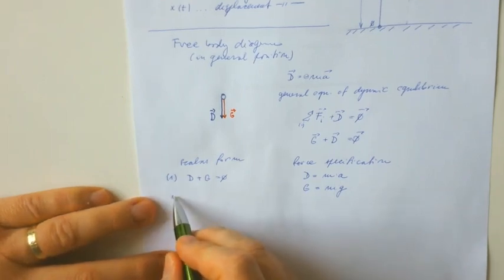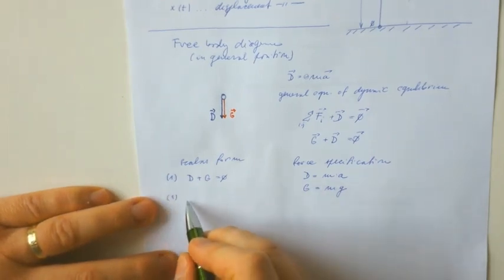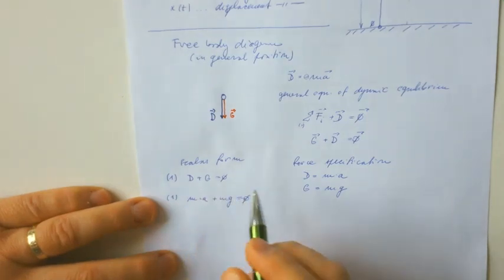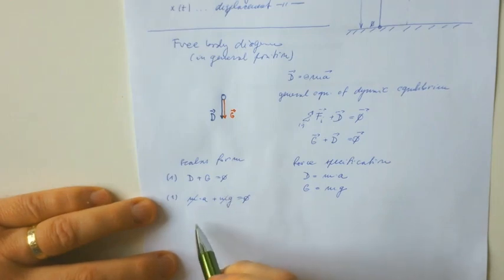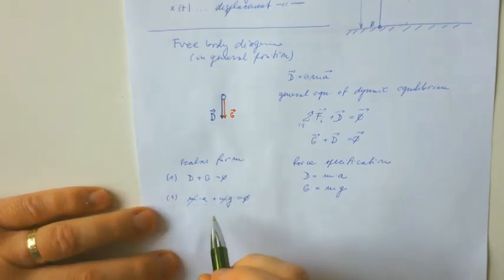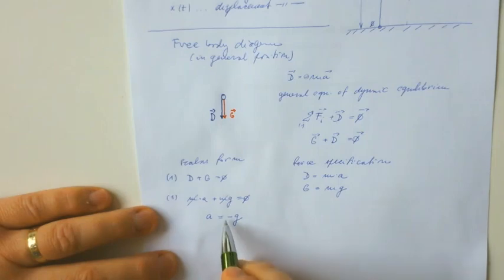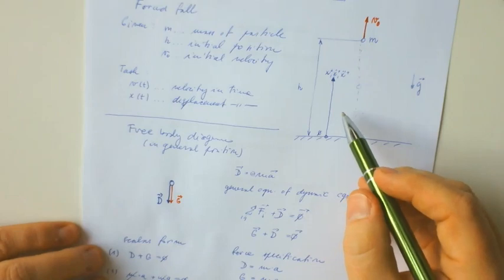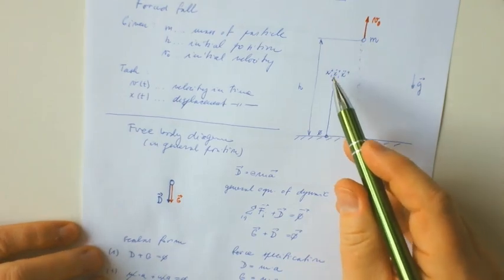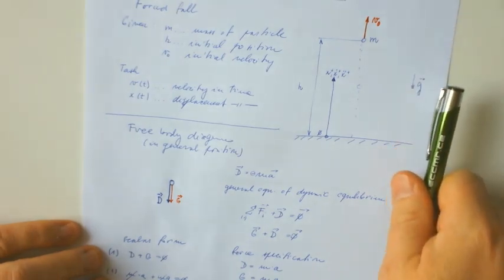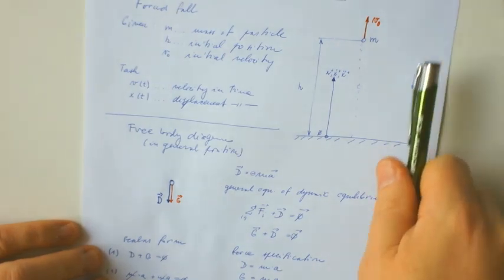So after substitution we get m by a plus m by g is equal to 0, and we can cancel the mass of the particle, and we find that the acceleration of this particle is minus g. Why minus? Because we set the orientation of the coordinate system upwards and the gravity acceleration heads downwards.